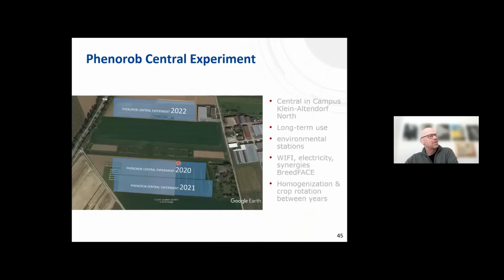To give you an idea of where we are at the moment, at Campus Klein-Altendorf we have those fields at Campus North. We completed the experiment in 2021 in the south, and we are preparing for 2022. Again, we will install several environmental stations across the fields to have good coverage of the environmental conditions, not only at one point, but also to cover the spatial heterogeneity.